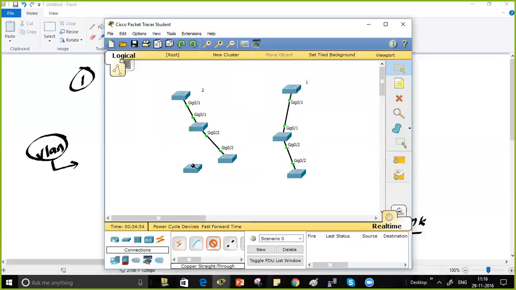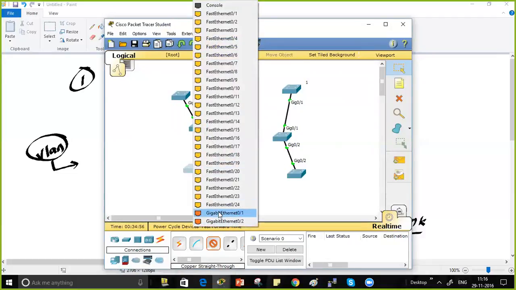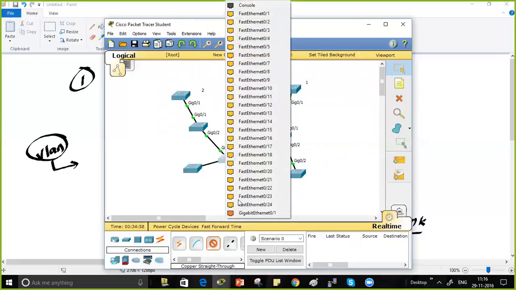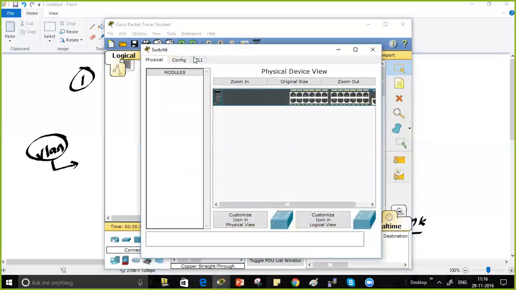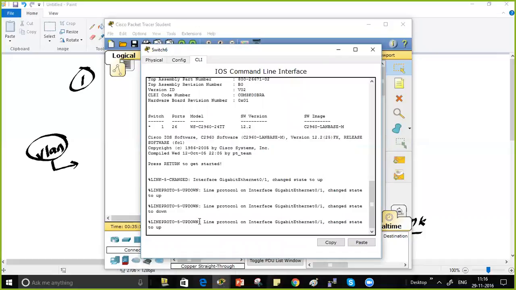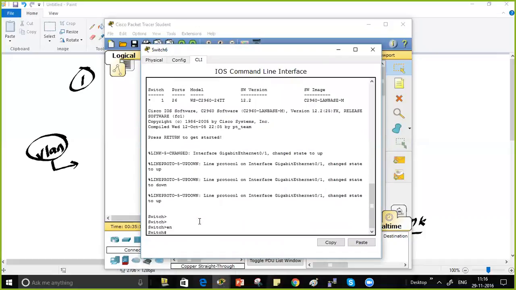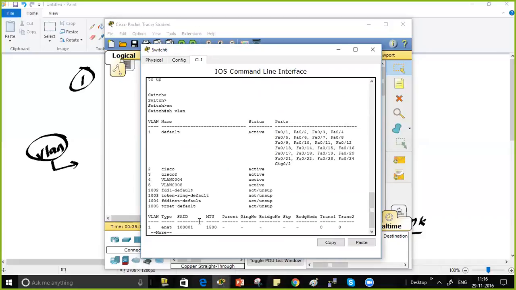Server mode, right? What happened to this switch also?